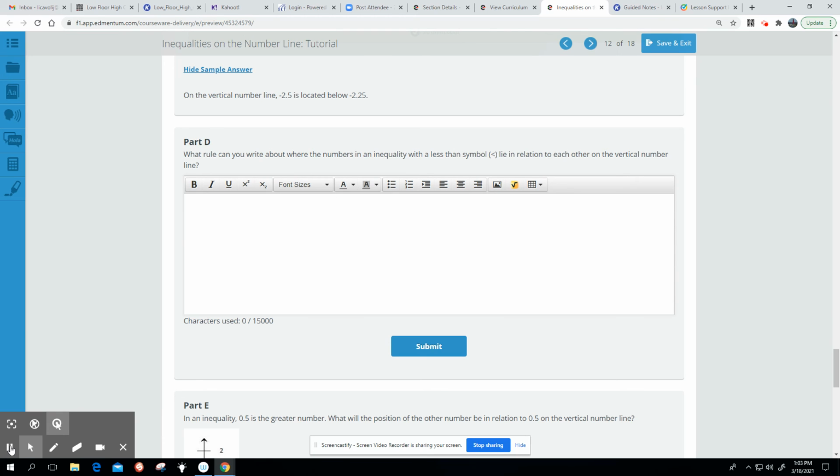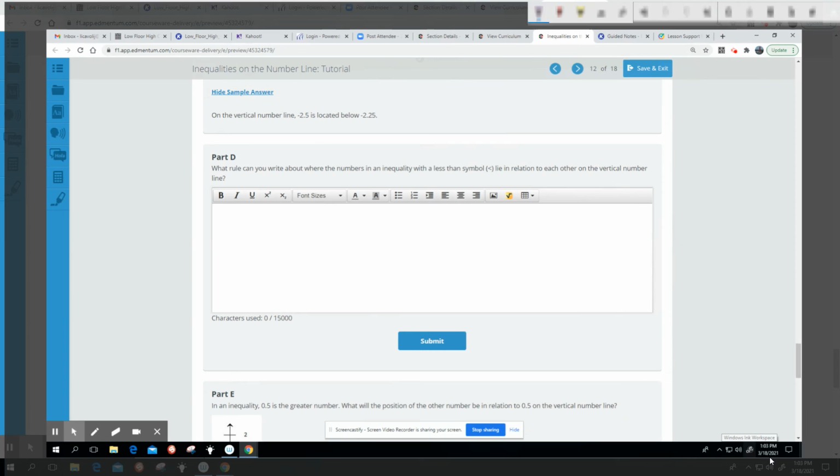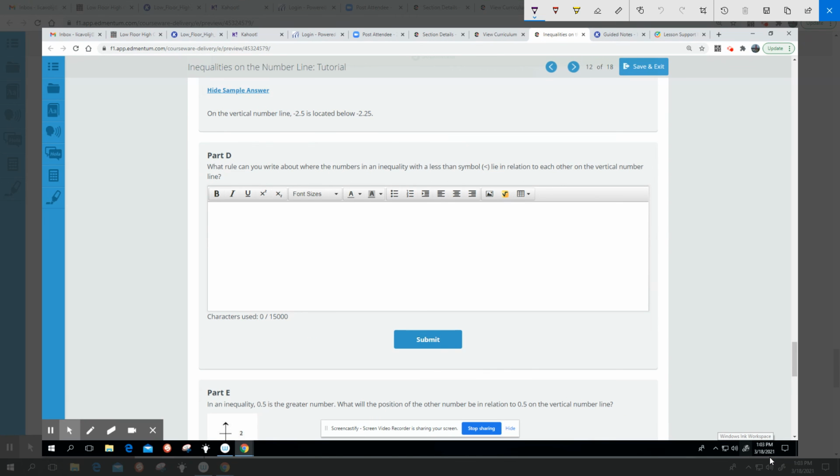What rule can you write about where numbers in an inequality with a less than symbol lie in relation to each other on the vertical number line? So if we're looking at the less than symbol, if I have a number that's less than another number, that number that's less is going to be below the number that is not. So the number to the left, using a less than symbol, is going to be below the number to the right.